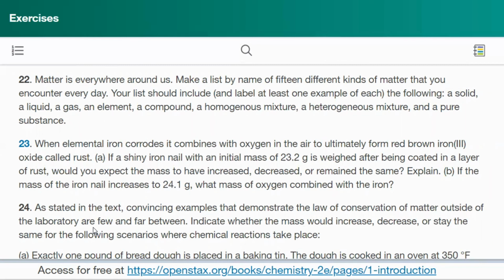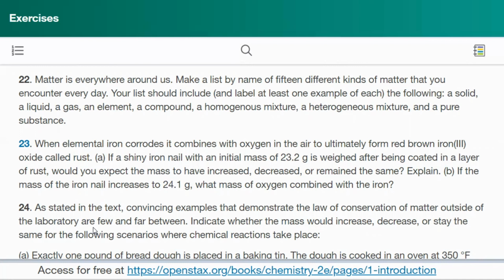A solid. A salt crystal is a solid. A liquid, water. A gas, let's say the oxygen in the air. It's very hard to find a pure gas, where it's not mixed with something. I can't think of anything in the house. I think I have propane somewhere, so I think that would count as a gas.